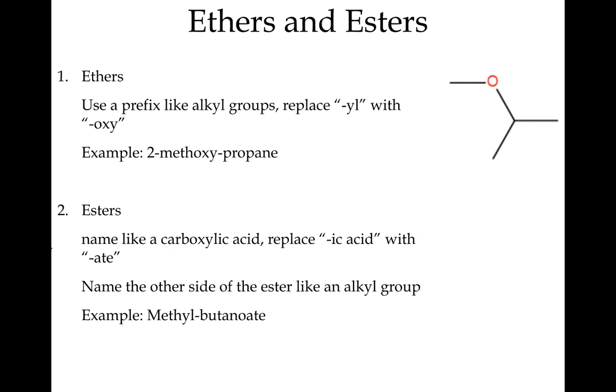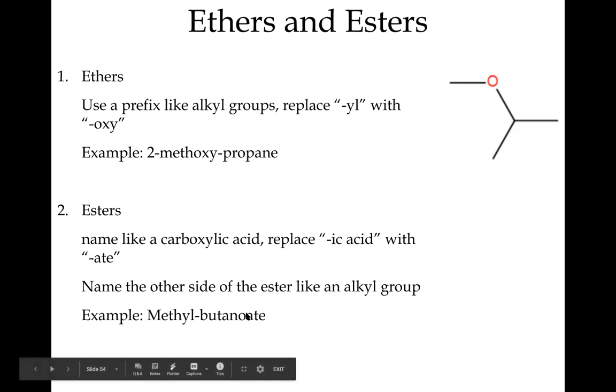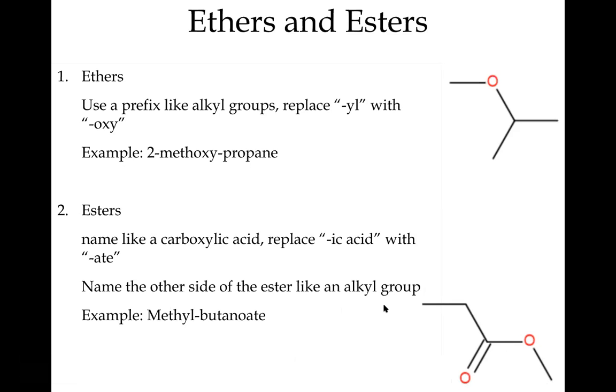And then for esters, it's kind of like carboxylic acid, only instead of it being ic acid, it's ate. So for this molecule here, it's an ester because one of the carbons has a double bond to an oxygen, and the other carbon on the other side of that oxygen in the middle does not. And so it would be a methyl butanoate.